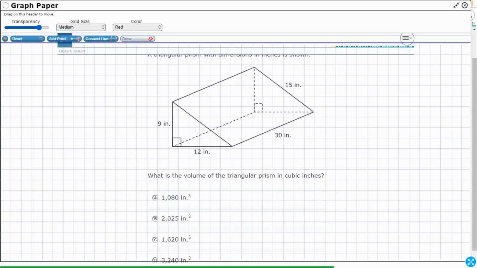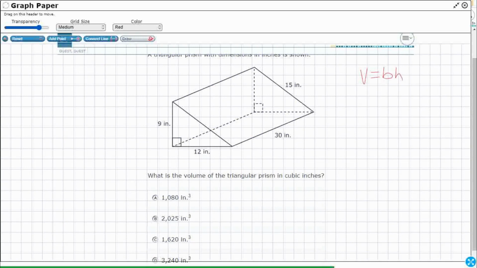So we're going to say V equals BH. Now, this is a tricky one because first we need to figure out what the base is, right? When we're dealing with a triangular prism, the base is named by the type of prism it is, right? So my base is actually going to be these two triangles right here.